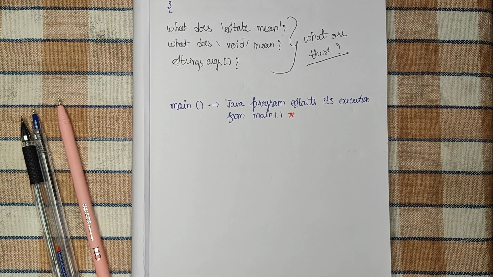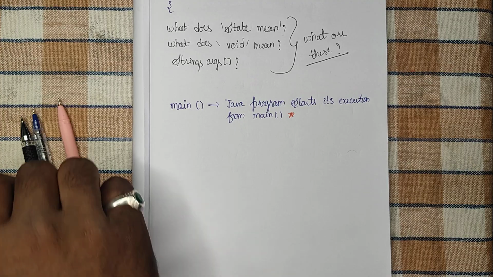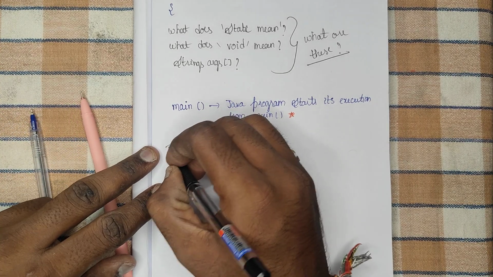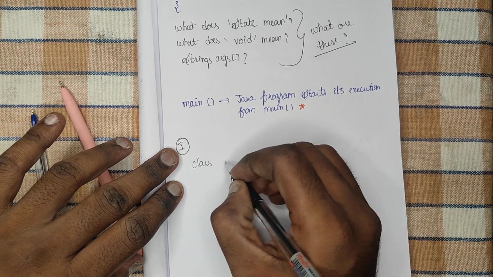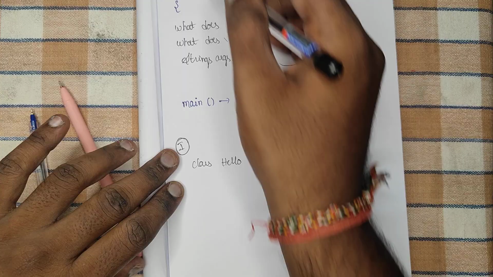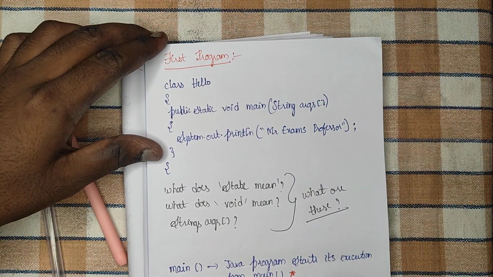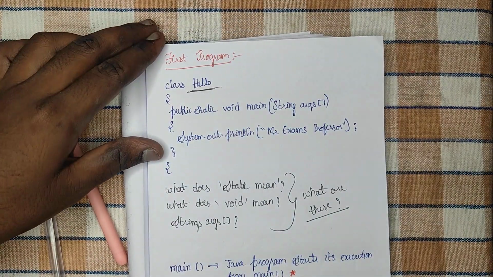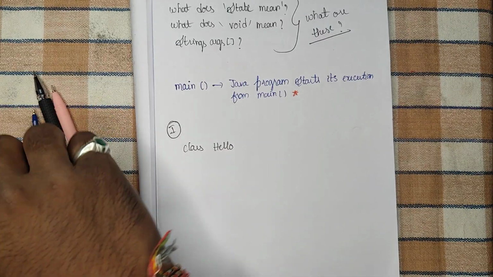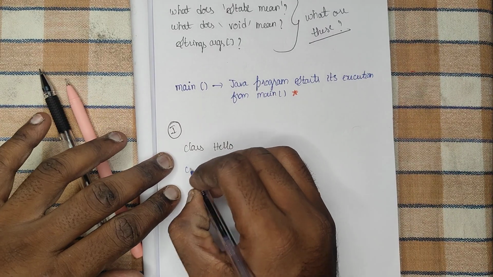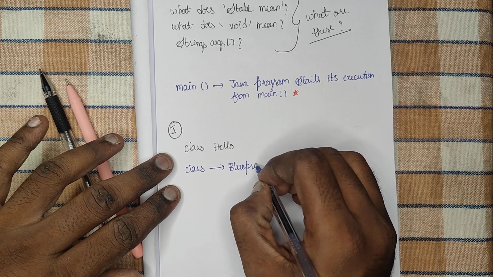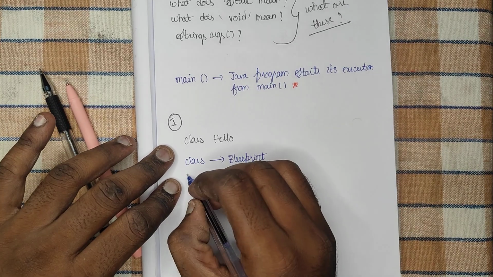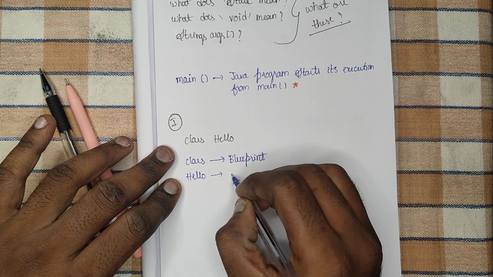So I'm going to explain line by line. This is number 1: class Hello, as I have written in the program. Class is a blueprint, and Hello is the class name.